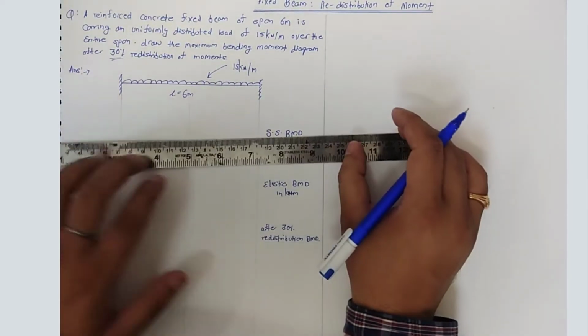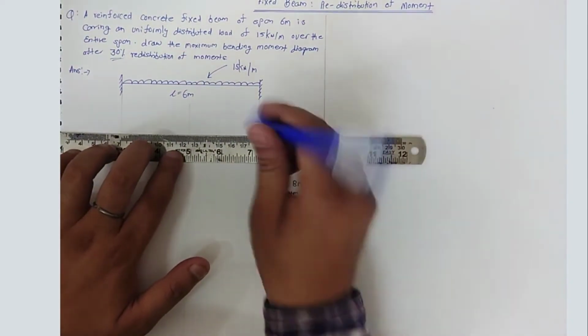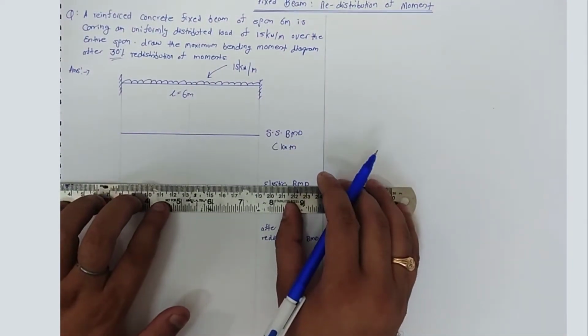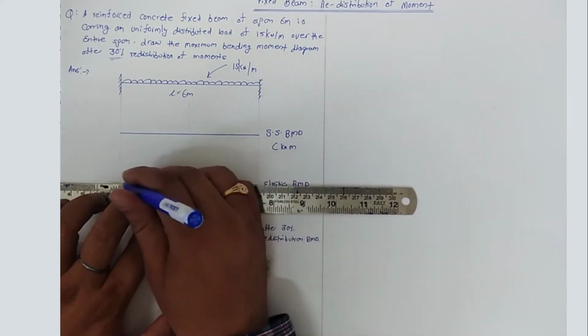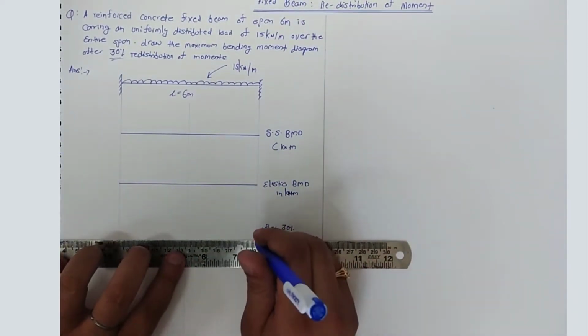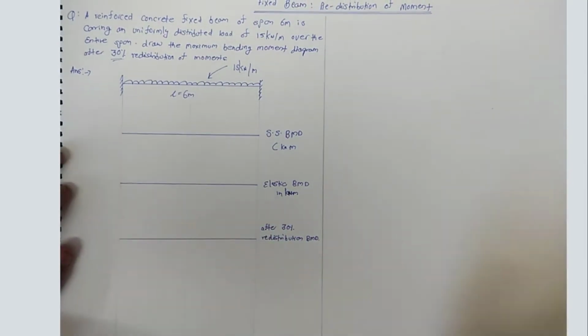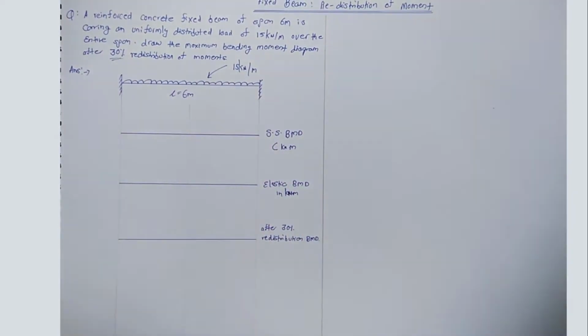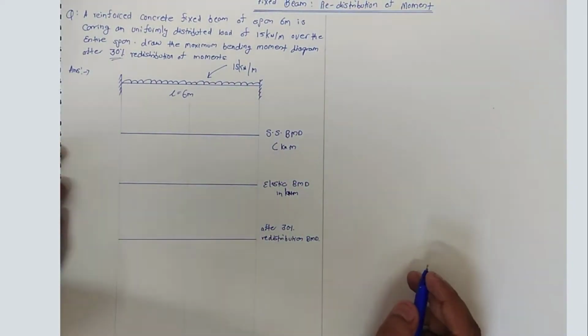Just in the examination also you need to ensure this layout, so that it is easy to draw afterwards. In the examination also, keep the left side page for the diagram and the right for the calculations. So now we will start with the calculation.